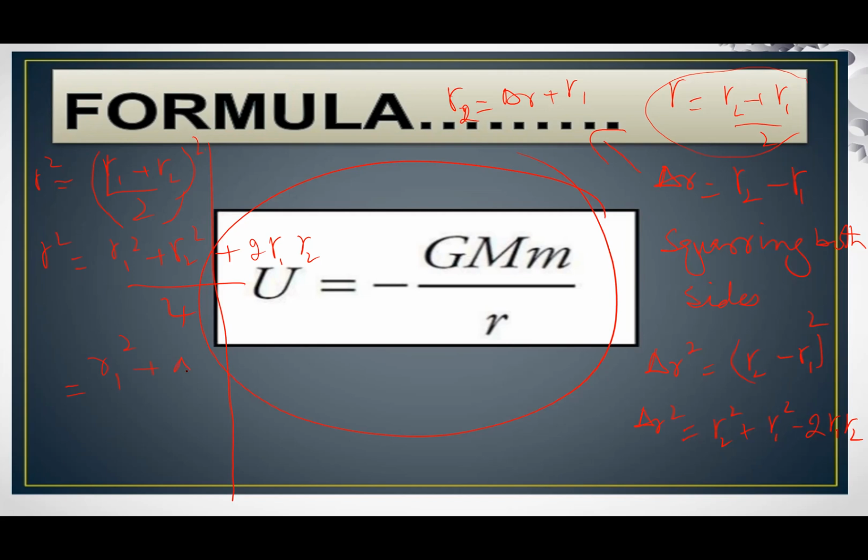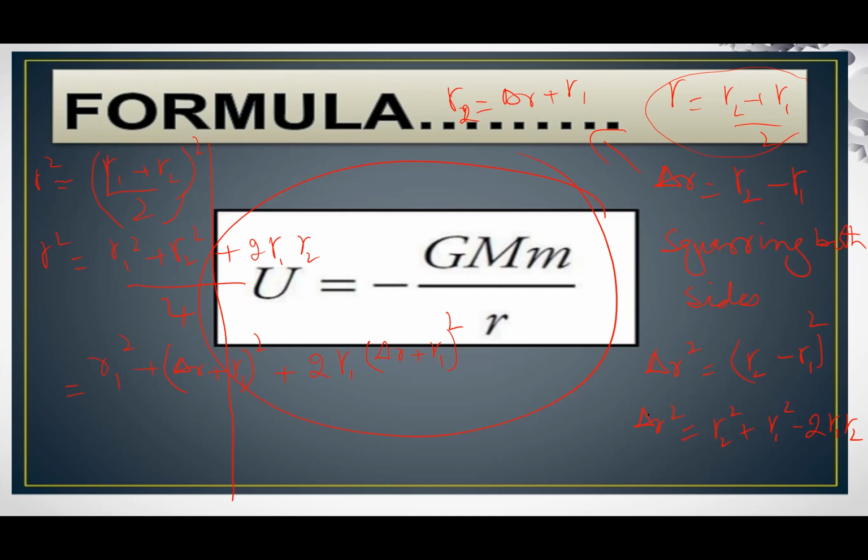So write del R plus R1 whole square, plus 2 R1 into del R plus R1.